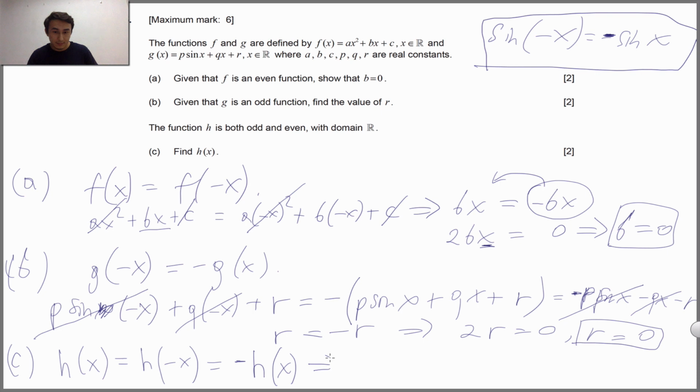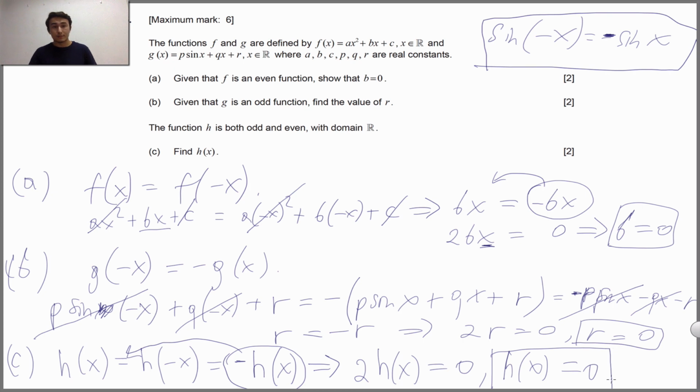From here, we see that h of x is equal to negative h of x. It means 2h of x is equal to 0. We are basically moving this h of x to the left-hand side, and then 2h of x equals 0. From here, h of x equals 0. So this is basically the zero function.